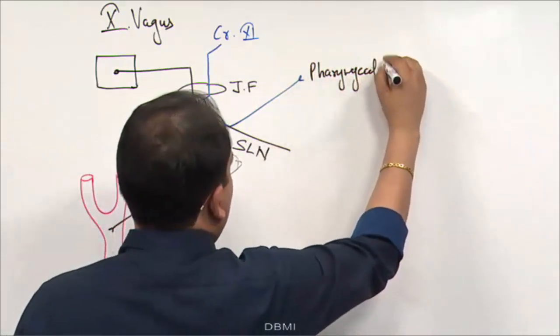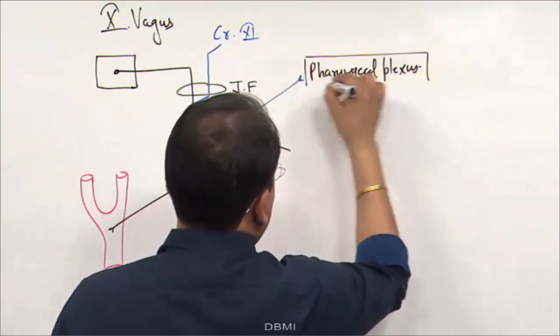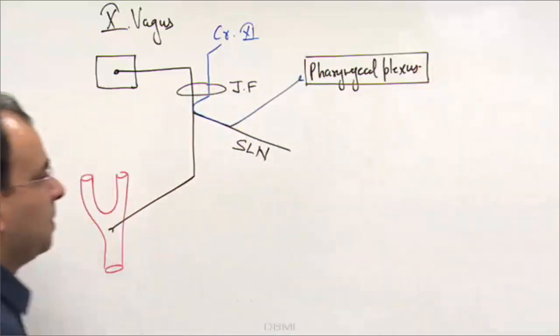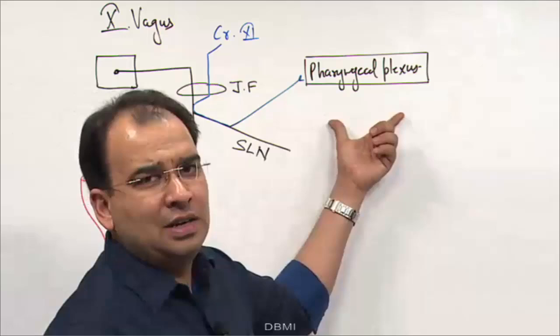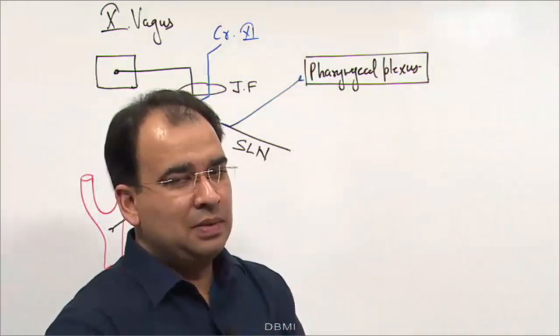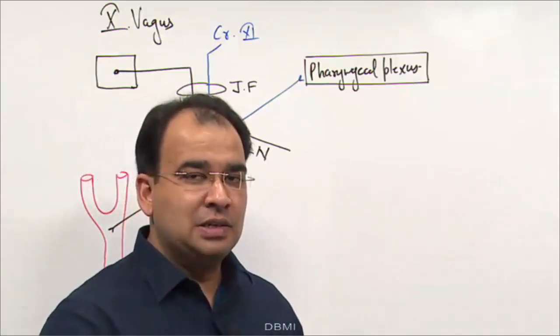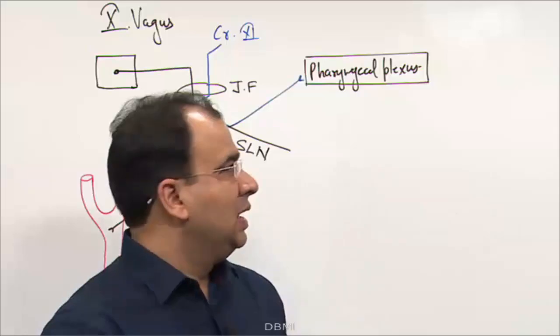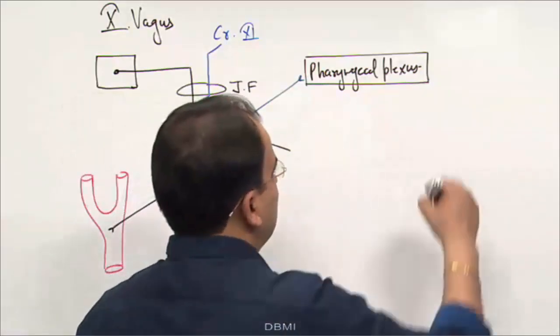Pharyngeal plexus is a vague term. It's a plexus present around the middle constrictor muscle, having contribution from the glossopharyngeal nerve, from the vagus nerve, and sympathetic nerves as well.